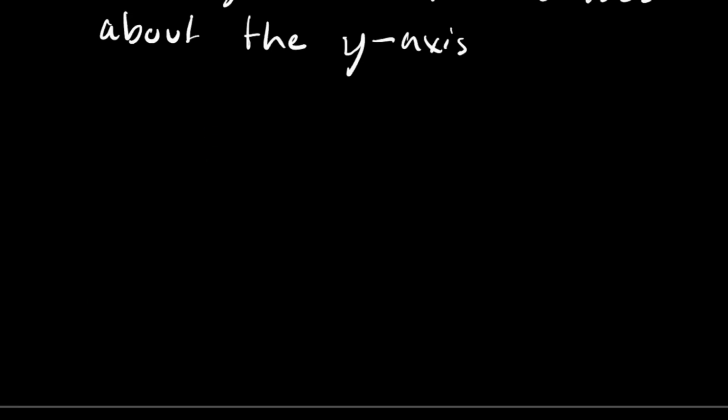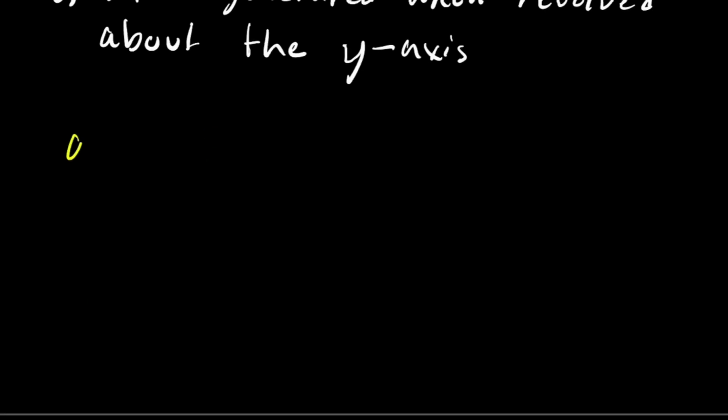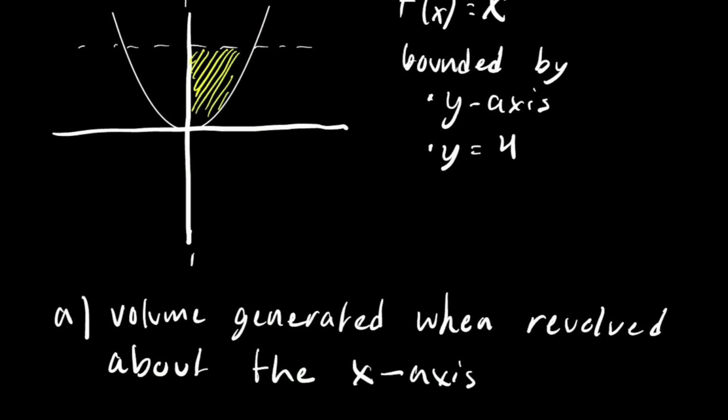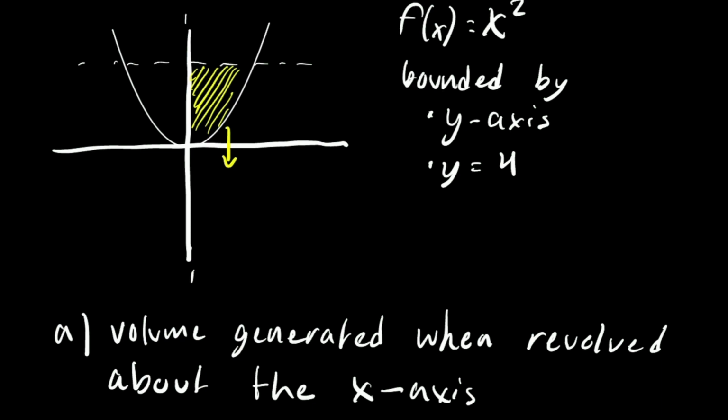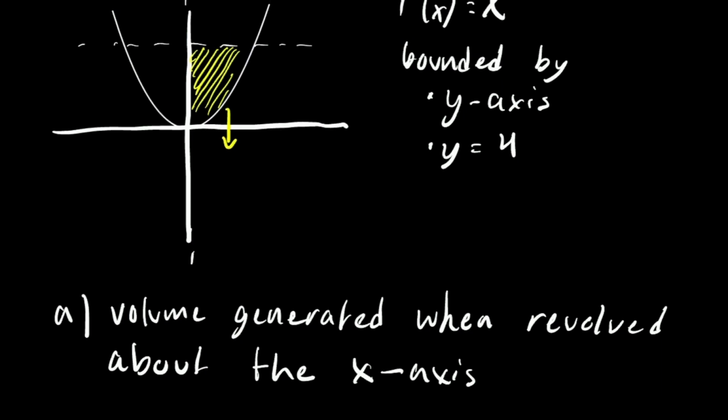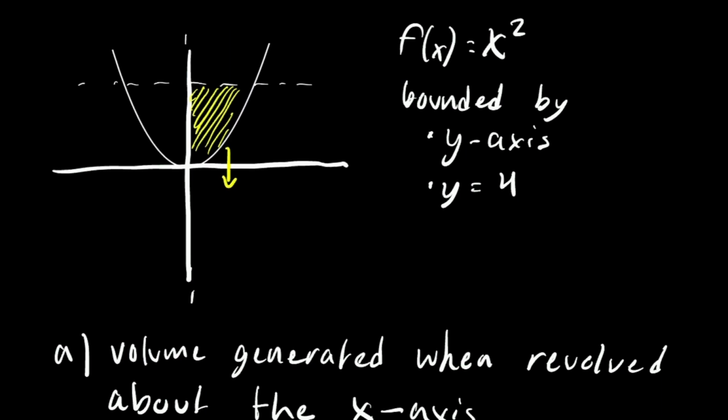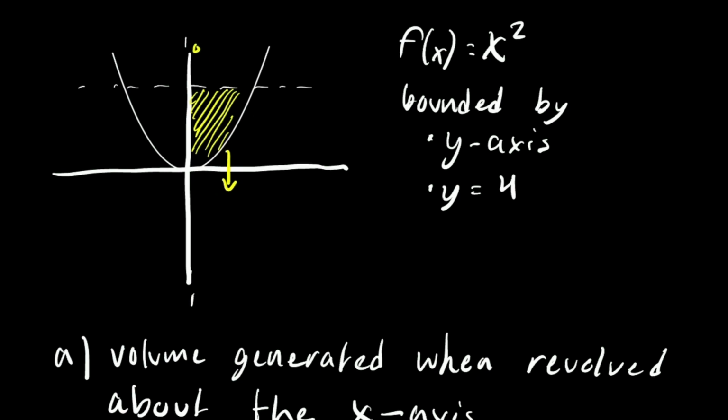So for A, we're told our bounds are y equals 4 and the y-axis. Since we're rotating it about the x-axis, you need to be careful here because we're not integrating from 0 to 4, right? Because where this intersects, that point right there, is not x equals 4.